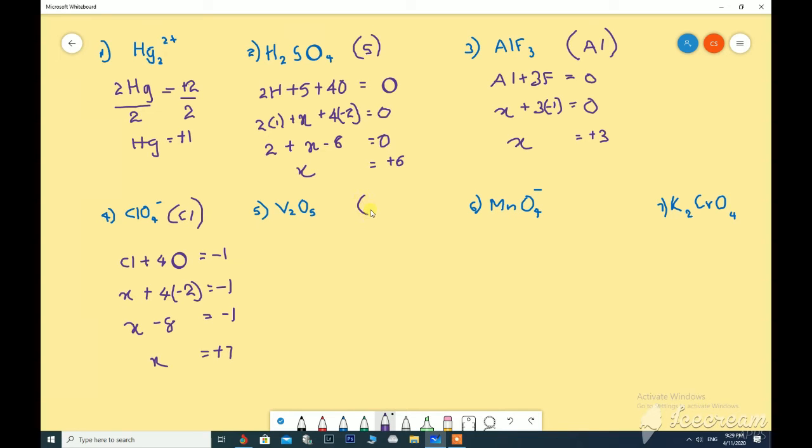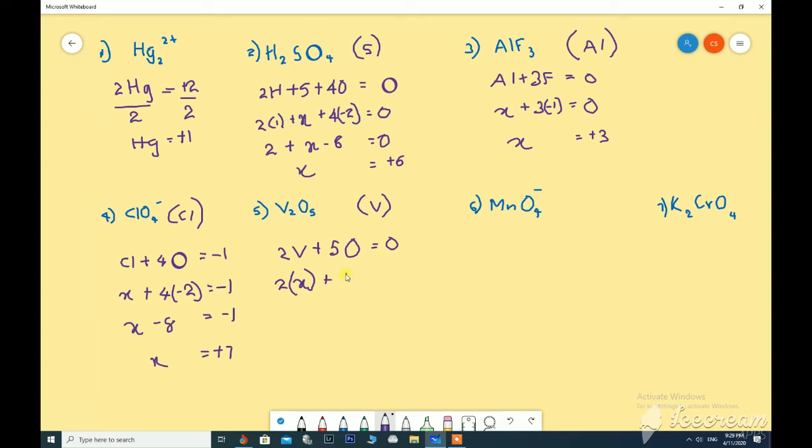Here, let's find the oxidation number of vanadium. V2O5. The sum of the oxidation numbers is 0. Let's take the oxidation number of vanadium as simply x.